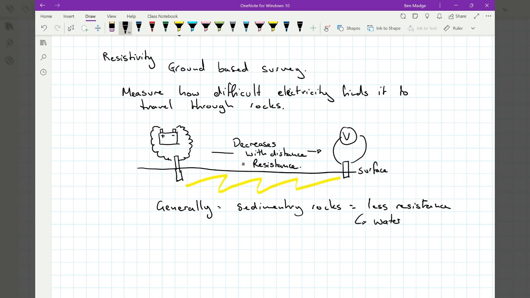And that allows the electricity to conduct through it. Igneous rocks have a higher resistance because they have low water content. Okay.